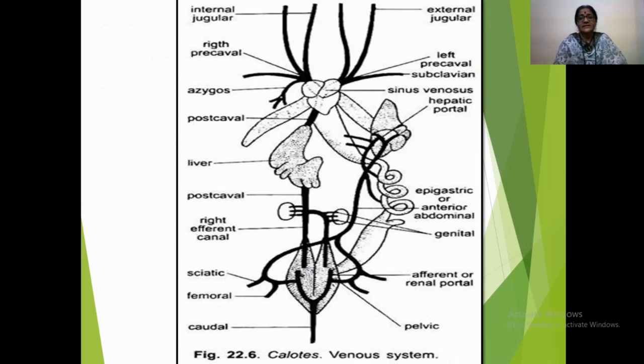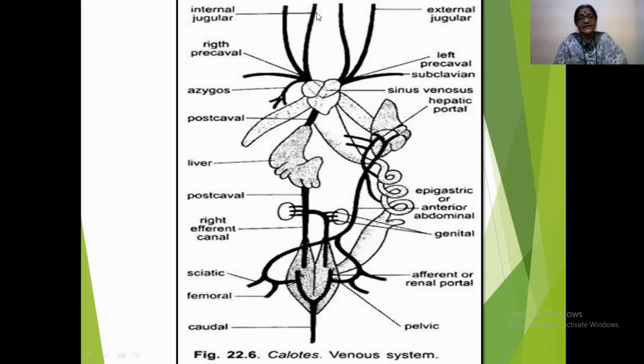This is the venous system of Calotes. Now see, these two are the precavals. This is the right precaval, here is the left precaval. Each precaval is formed by three subveins.